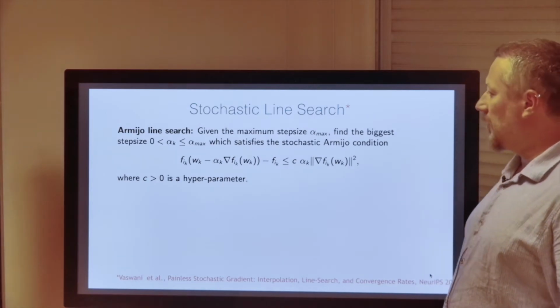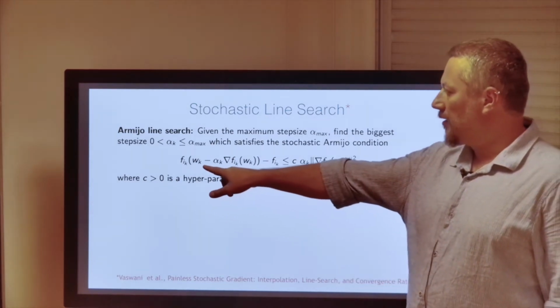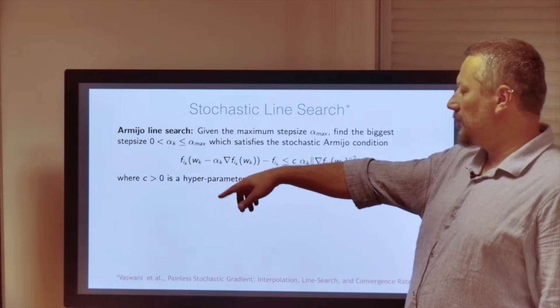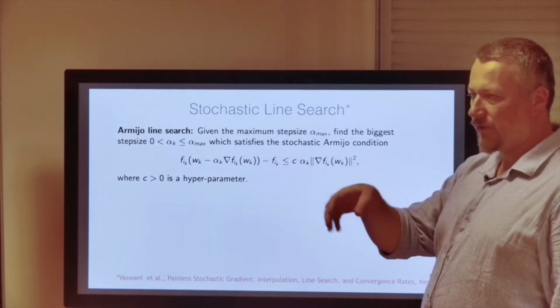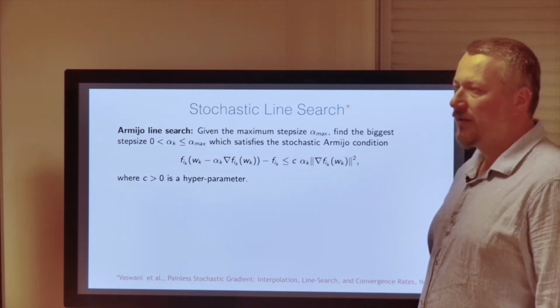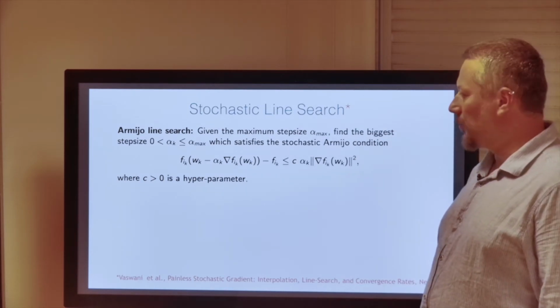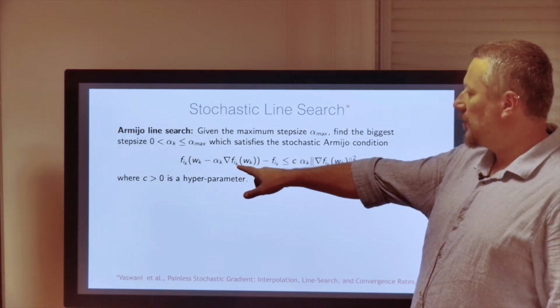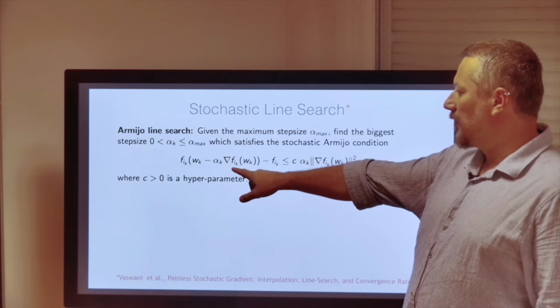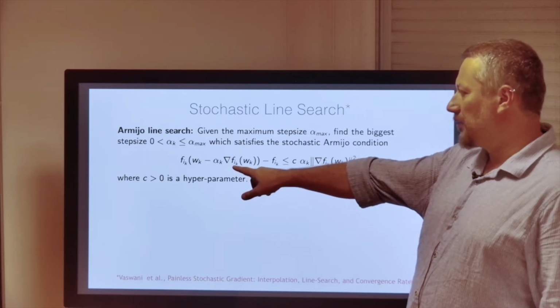And what is this inequality? This is the function's value, but it's the loss function evaluated at the ith data point, that loss function evaluated at this parameter.